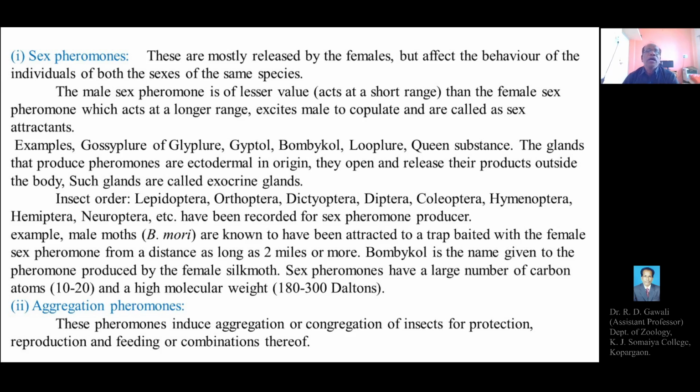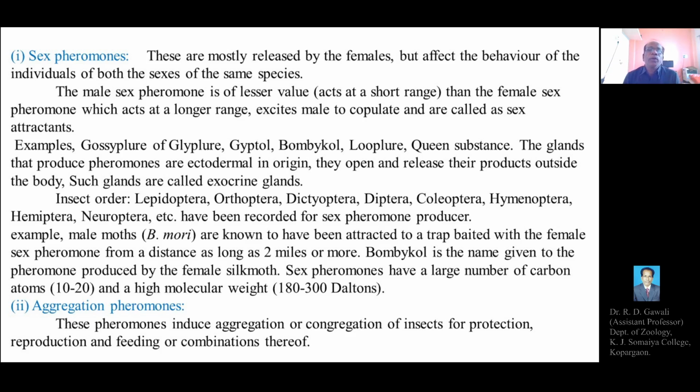Sex pheromones are usually released by the adult females, but this particular sex pheromone influences or changes the behavior of the individuals of both the sexes of the same species.